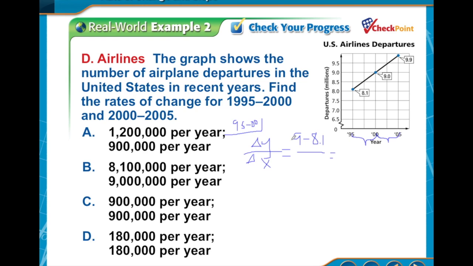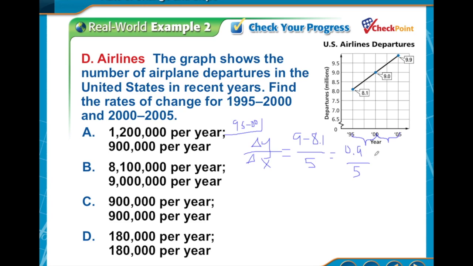Well, from 9 to 8.1, what's the difference there? It's 0.9 million. So that's our change in the flights leaving. Now, what's our change in time? Well, from 95 to 2000, we know that's 5 years. You could also just subtract 2000 minus 1995, but we already know that's a 5-year difference.